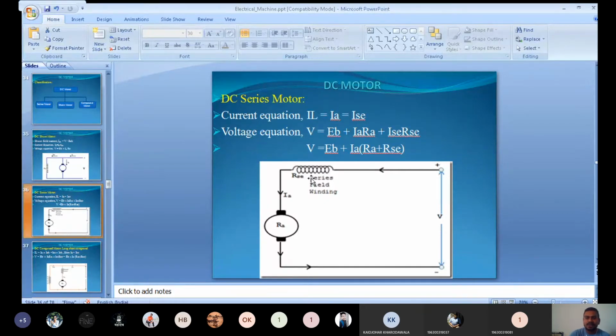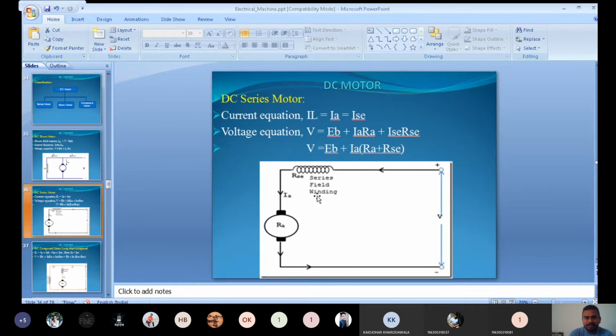Shunt field winding has more resistance, whereas this series field winding has lesser resistance. So it has less resistance, that means more current will flow through this winding. Less resistance means less opposition to current, so more current can flow through it.